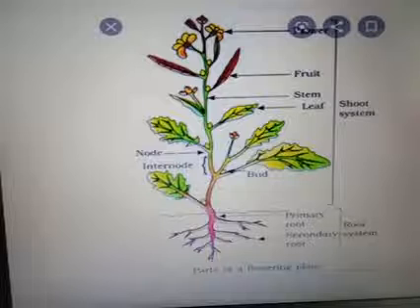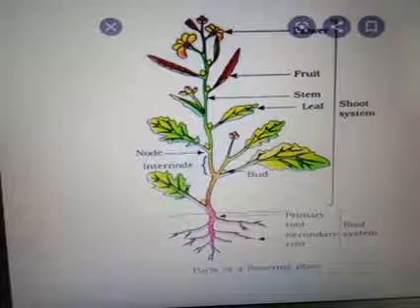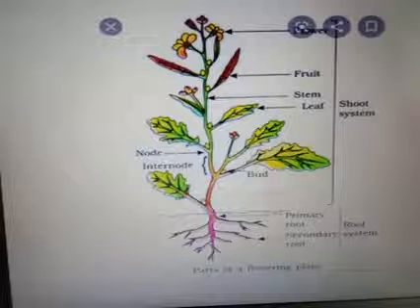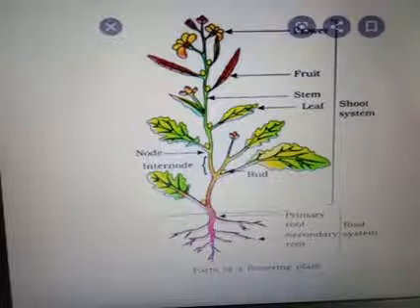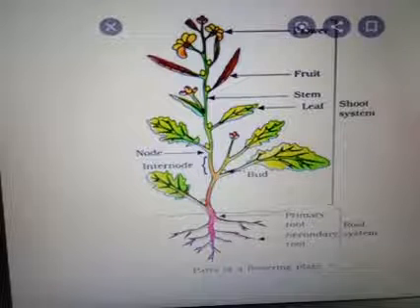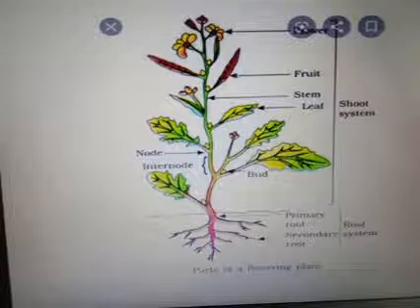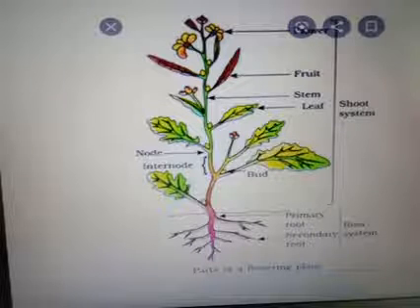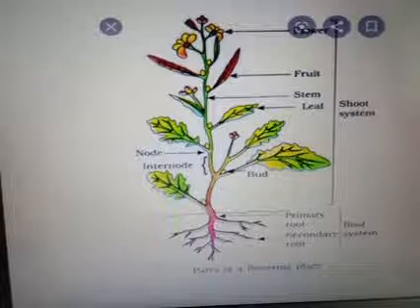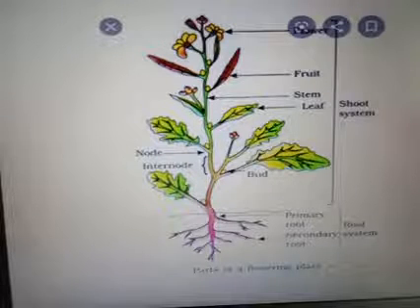The aerial part developed from the plumule of the embryo forms the shoot system. Plumule means when a seed starts to germinate, the upper portion forms the shoot portion. Shoot portion means stem portion. That projection that arises from the seed is known as plumule.